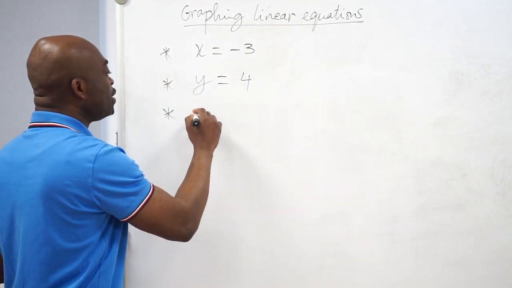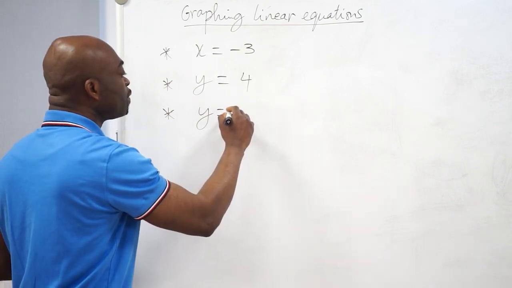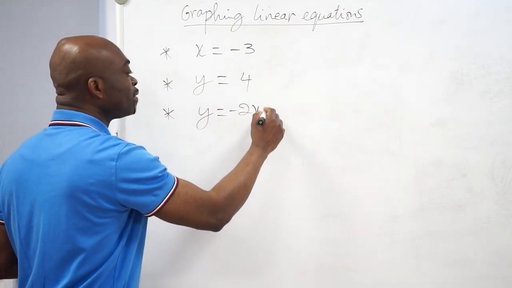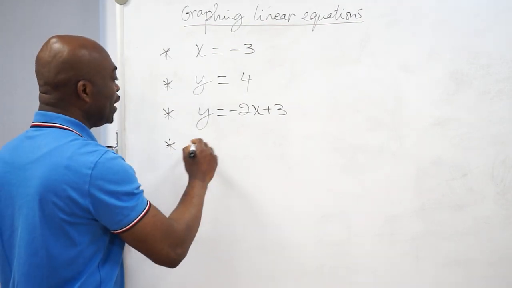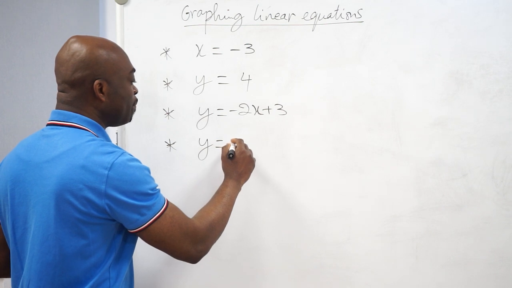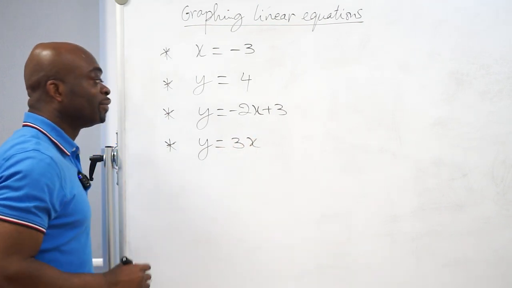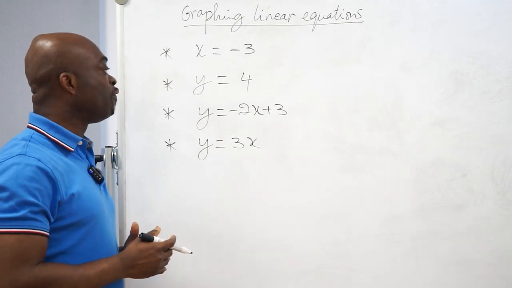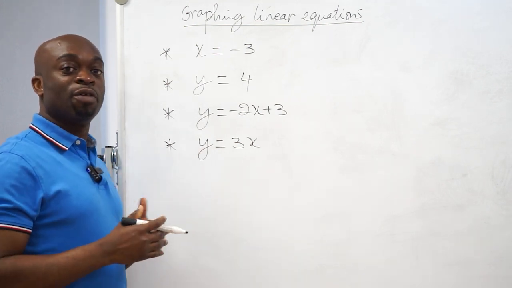The third one is y equals -2x plus 3. The fourth one is y equals +3x. So we have these examples of 4 different kinds of equations of straight lines.